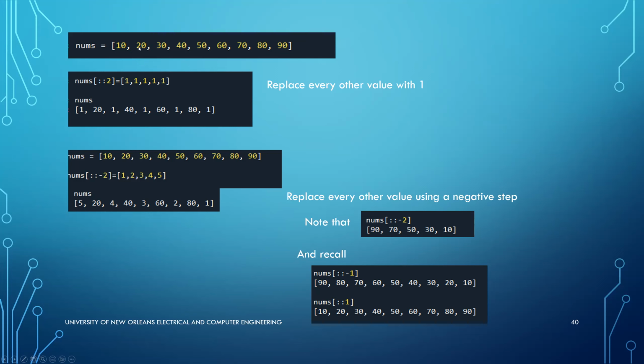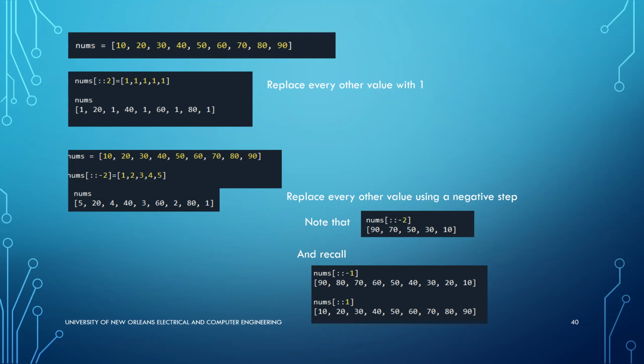So again, start at 0, and I'm going to replace that first element by 1, then I'm going to skip 1, and the third one I replace by 1. I'm going to skip 40. I'm going to replace 50 by 1. I'm going to skip 60. I'm going to replace 70 by 1. I'm going to skip 80, and I'm going to replace 90 by 1. Okay, see that?